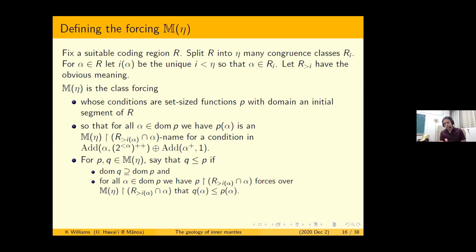So if R was sufficiently absolutely definable, then it's also absolutely definable to say, just take every omega thing in R. That's still going to be a good enough coding region. You could use that instead. Okay, great. Thank you. Great question that highlights something I meant to say and forgot to say. The coding region does not matter beyond being sufficiently absolutely definable, and that's why we can freely change it around.